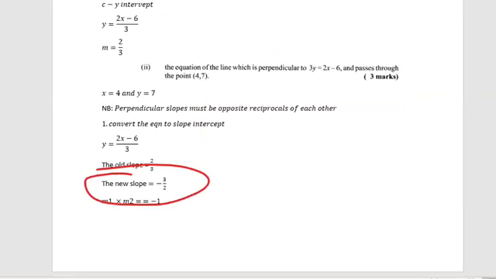When coordinates are given, they always write the x coordinate first, followed by the y coordinate. So 4 is our x and 7 is our y. Understand? Yes, sir.